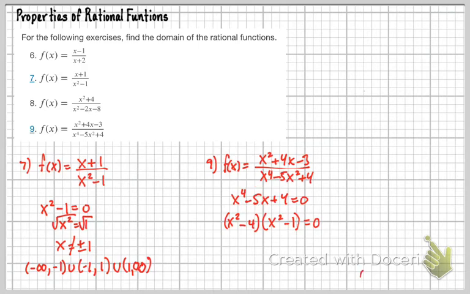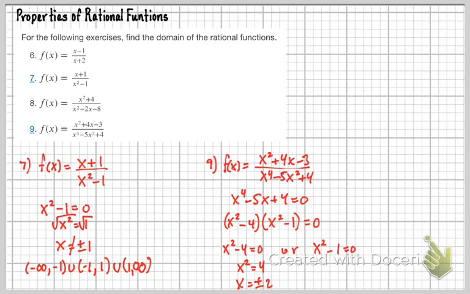Okay, so now that we have the factors, we can say x squared minus 4 equals 0, or x squared minus 1 equals 0. To solve this, I would move the 4 over, so x squared equals 4. Then I square root both sides, so x is plus or minus 2.